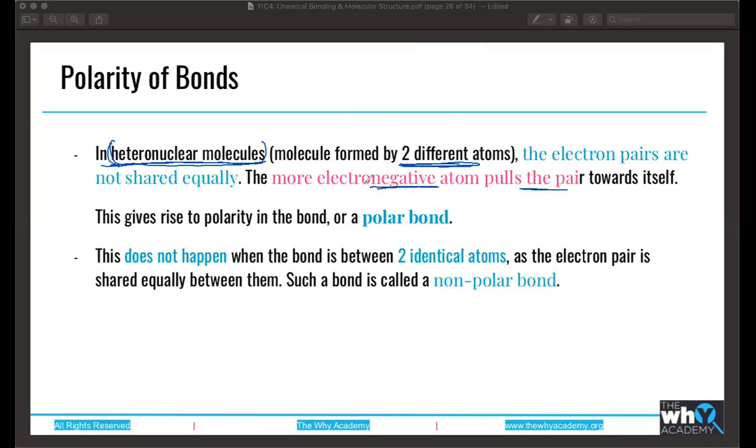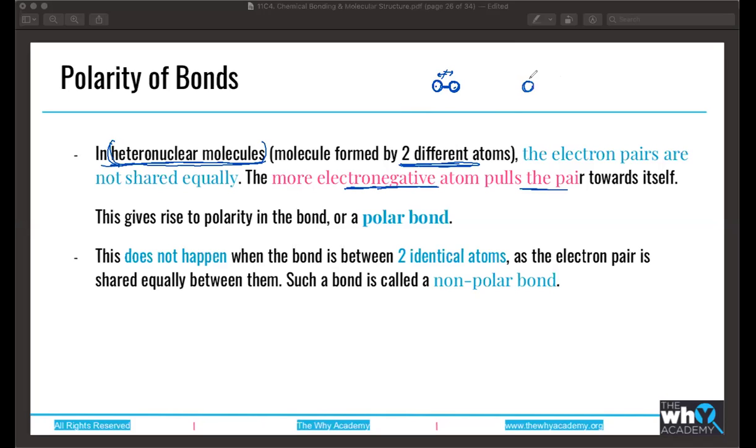So electronegativity is the tendency to pull the pair of electrons towards itself by any atom. Now, when you have two atoms of the same element and electrons are being shared between them, the electronegativity will be the same. So whatever force this atom is putting on the electrons, the same amount of force this one also puts on the electrons, and they both get cancelled.